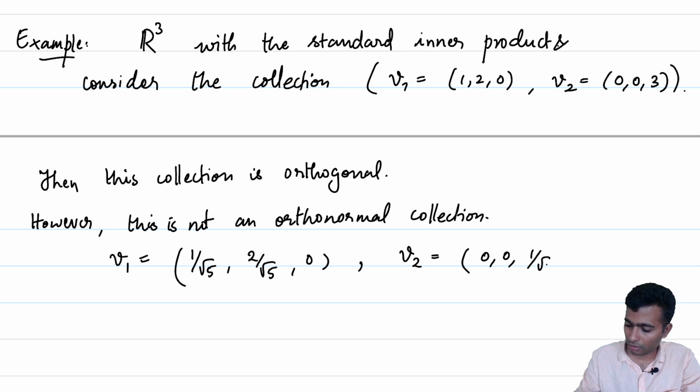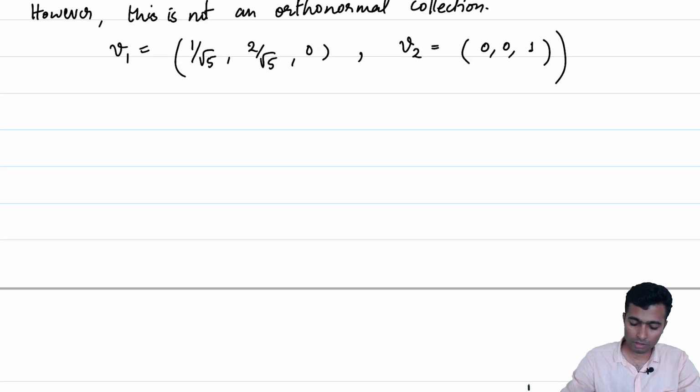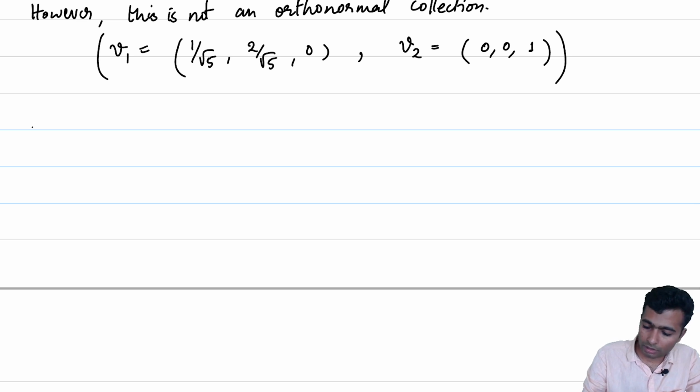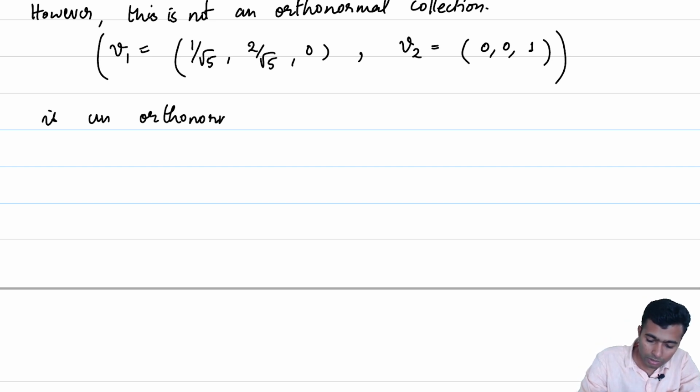This is an orthonormal collection. If you look at the length of v1, that's just going to be square root of 1 by 5 plus 4 by 5 plus 0, which is square root of 1, which is 1. So this is an orthonormal collection of vectors.